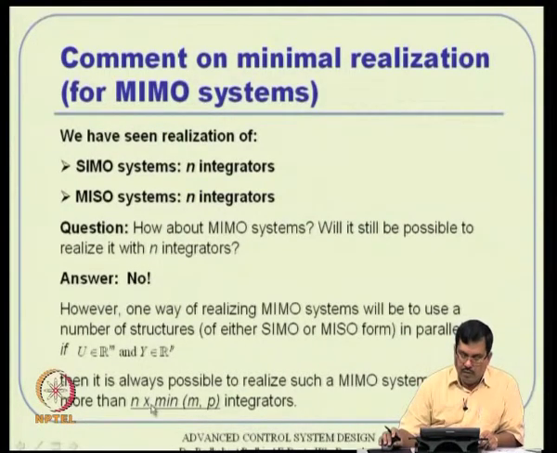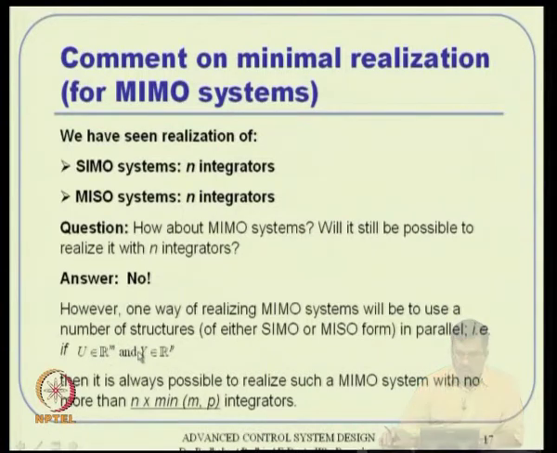Either I will take the minimum of the dimension of u and the dimension of y, and I will choose a form which is easily extendable to the multiple output case or the multiple input case.